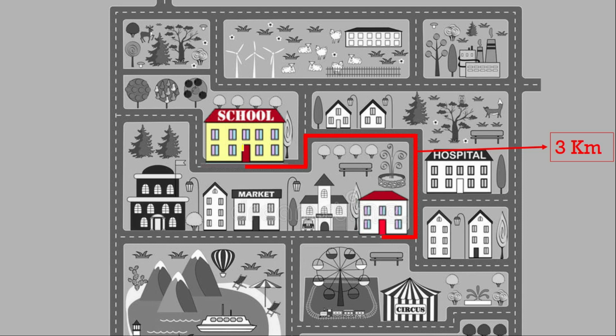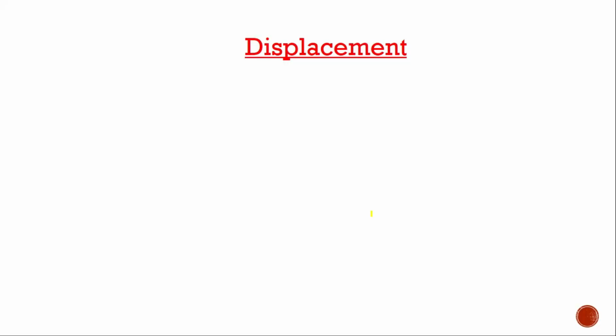But are you actually 3 kilometers far from your home? See, it's for sure that you traveled 3 kilometers along the length of the path that you took. But how far you are from your home is a totally different concept, which is called displacement.